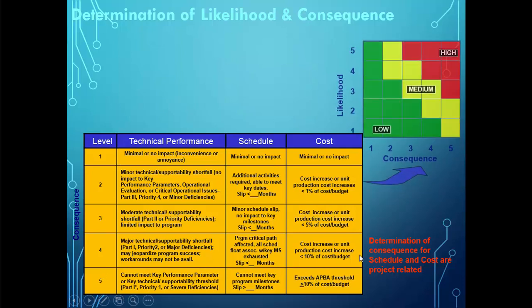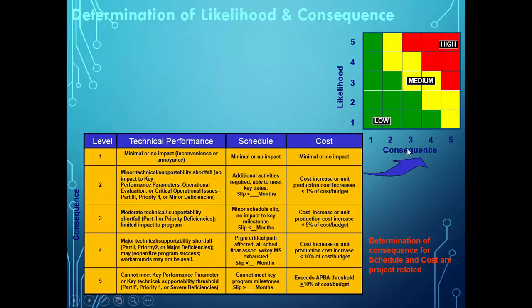Based on that, we can actually identify the consequence in this matrix between the low, the medium, and the high, based on the number that I will get from this consequence.